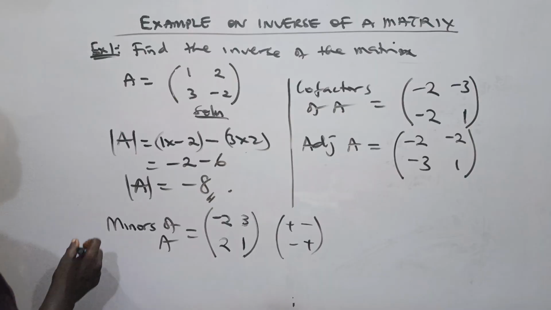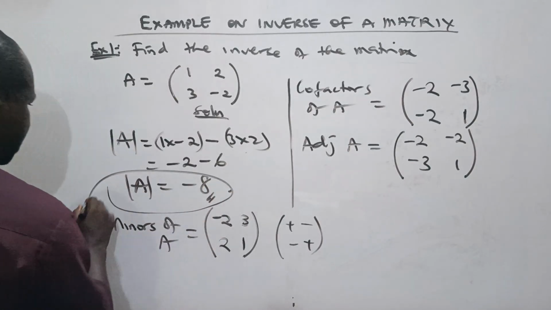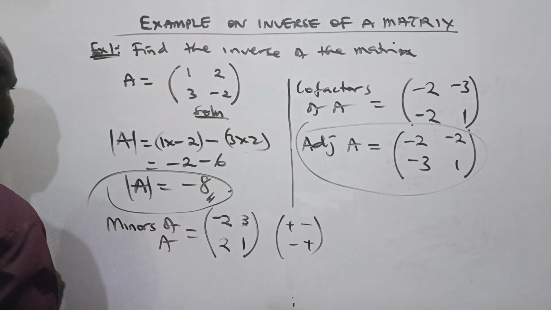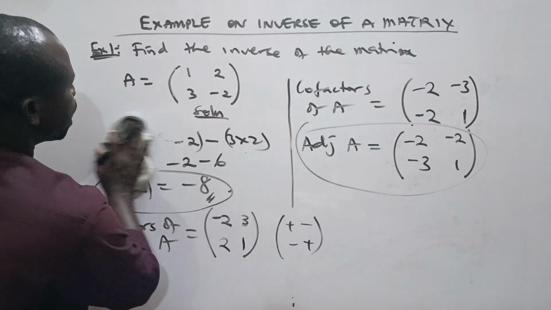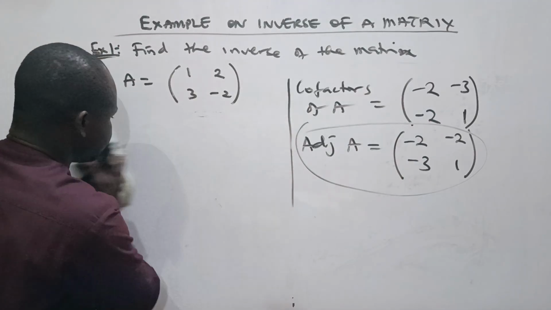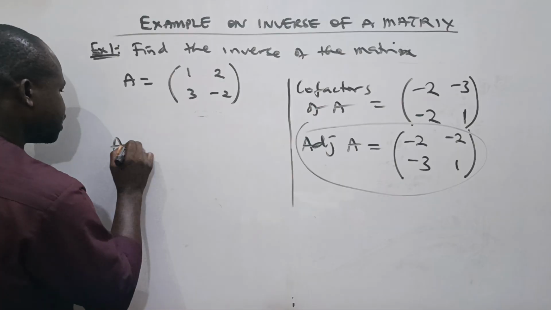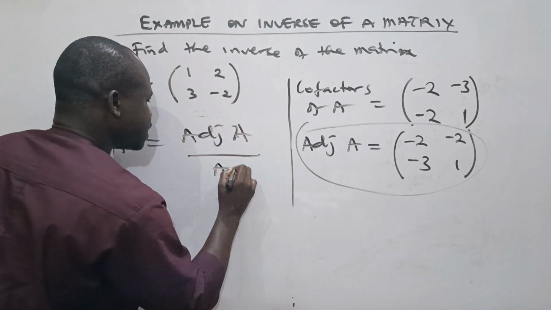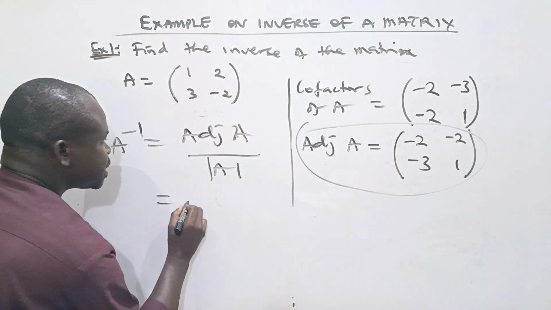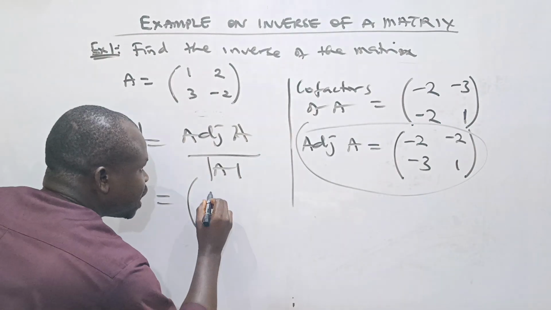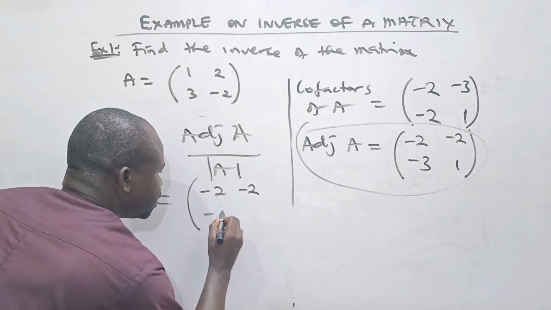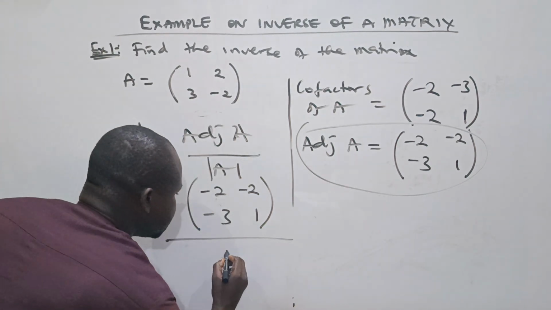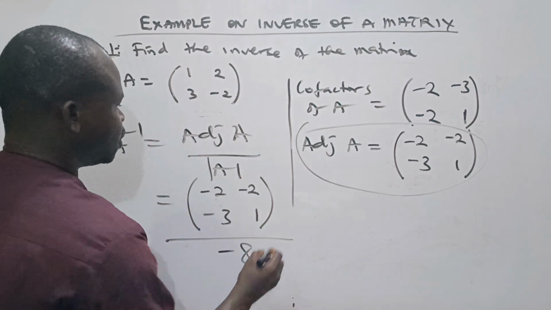So we now know the determinant of A as minus 8, and we have gotten the value of the adjoint of A as this. So the inverse of A, which we are required to find, is the same thing as the adjoint of A all over the determinant of A. In this case, the adjoint of A is given as minus 2, minus 2, minus 3, 1, divided by the determinant of A, which we got to be minus 8.